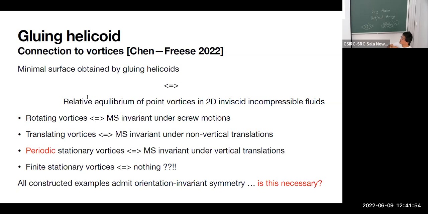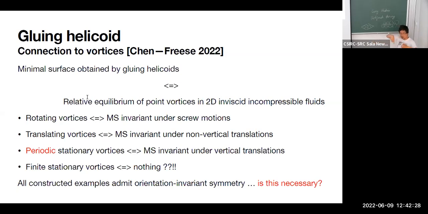And in this case, the corresponding minimal surface is invariant under screw motions. This is, for example, the one constructed by Matthias Weber and Martin Traizet. It is an example, and Weber's student, Daniel Freese, is also working on such examples. So, screw motion invariant minimal surfaces. And then the vortices can move together, translate together, as a rigid body.